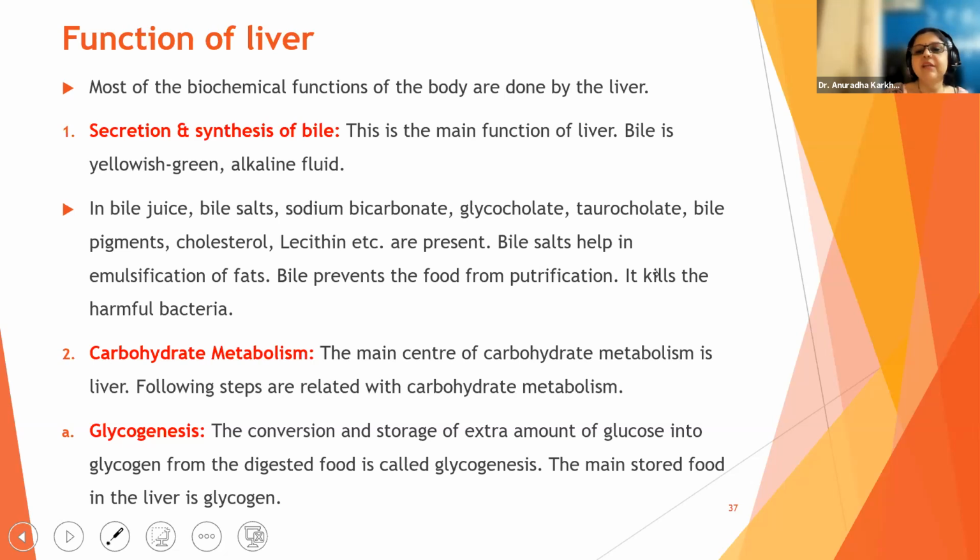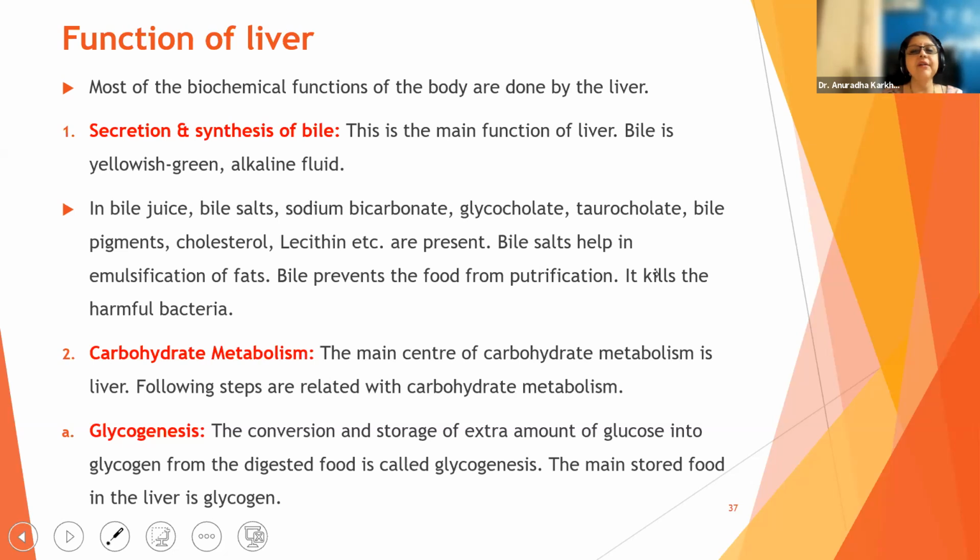Carbohydrate metabolism. The main center for carbohydrate metabolism is the liver. Following steps are related with carbohydrate metabolism. Lecithin is going to be acting like a surfactant. Lecithin's work is to act like a surfactant. Okay. Carbohydrate metabolism, how does it happen?